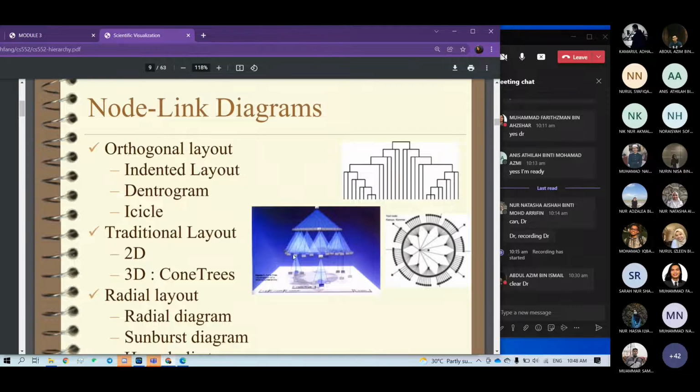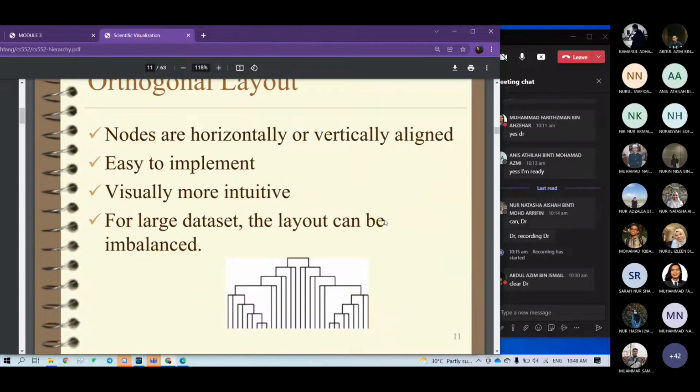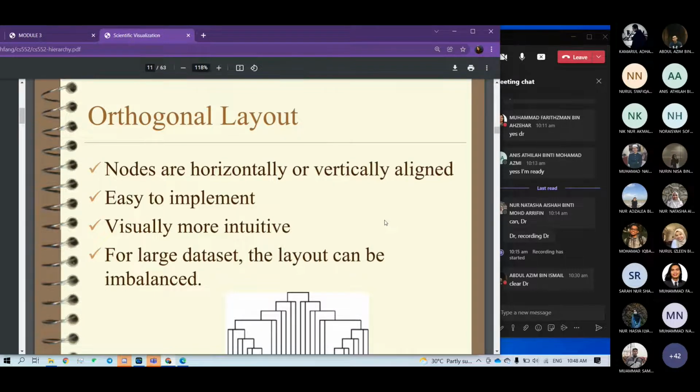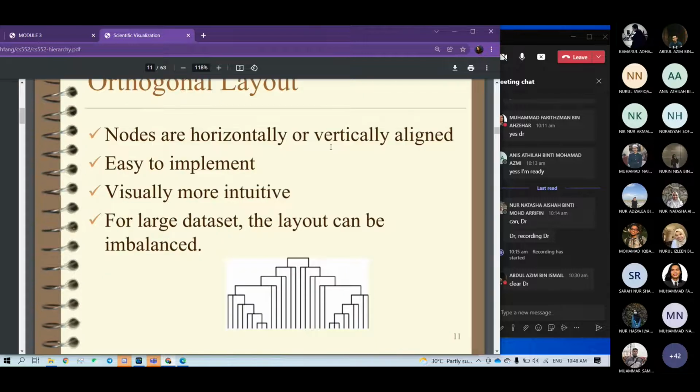Node link diagram. These are the link types. This is this one. Okay, this is okay. I think we have more here. We have more here. This one. Orthogonal layout. Orthogonal layout, sorry. Nodes are horizontally or vertically aligned, easy to implement, visually more intuitive for large data set. Okay.